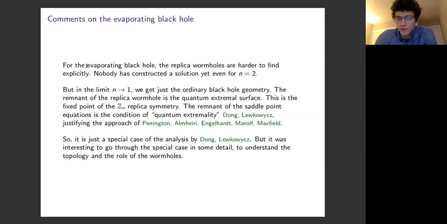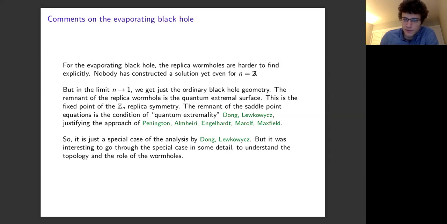The replica wormholes, so that we were able to analyze very easily in this model, they're harder to find explicitly. It's harder to find analytical solutions to gravity coupled to matter fields to give these replica wormholes. And nobody has constructed a solution yet, even for the simplest case, n equals 2.